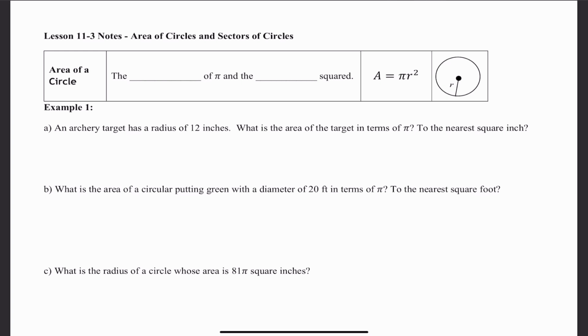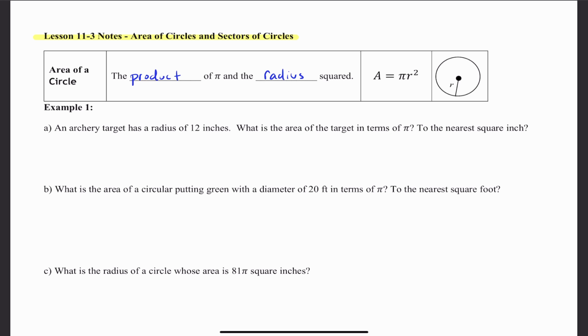All right, so today we're going to learn 11.3, area of circles and sectors of circles. The area of a circle is essentially the product of pi and the radius squared. Remember we talked about the circumference of a circle. That's essentially the distance around the figure, right?